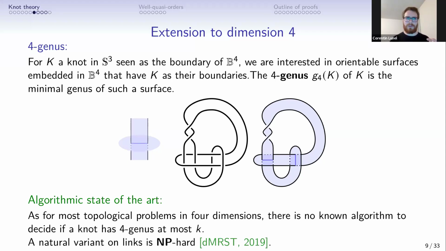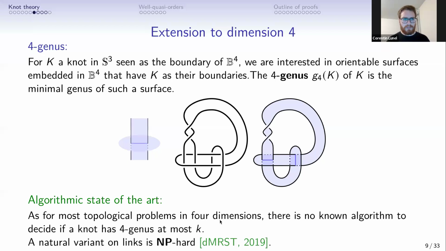So we can compare 4-manifolds if they are simply connected. But for the general case, we know that it is undecidable. And so it is not a surprise that in dimension 4, we don't know an algorithm to decide if a knot has 4-genus at most k. However, a natural variant on links from Mesmer, Rick, Sedgwick, and Tonzer showed that it is NP-hard.